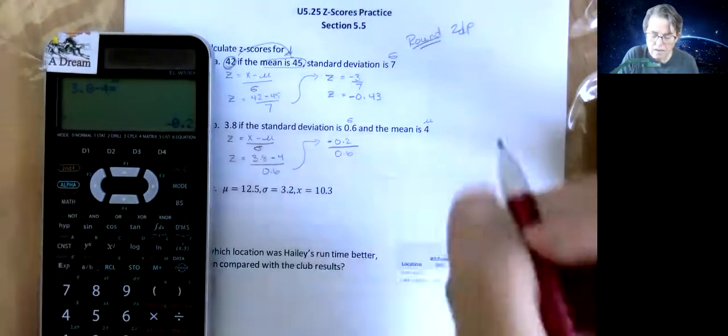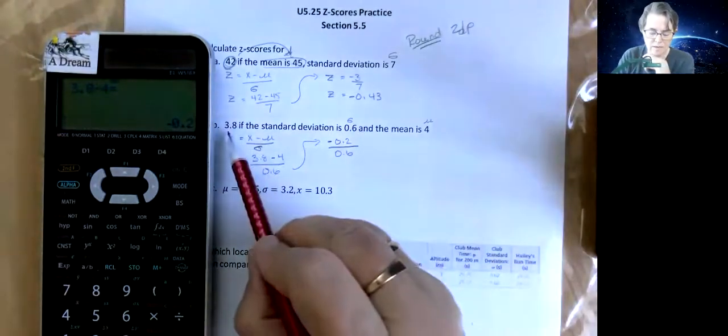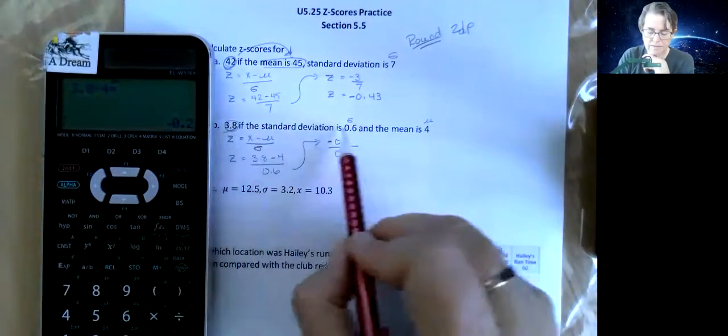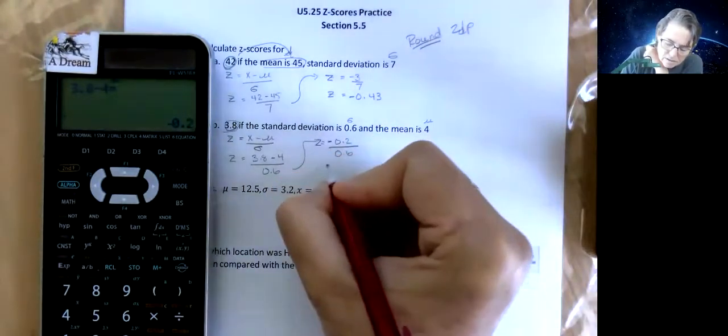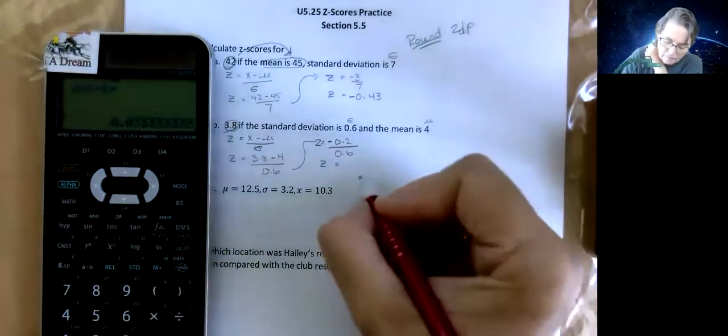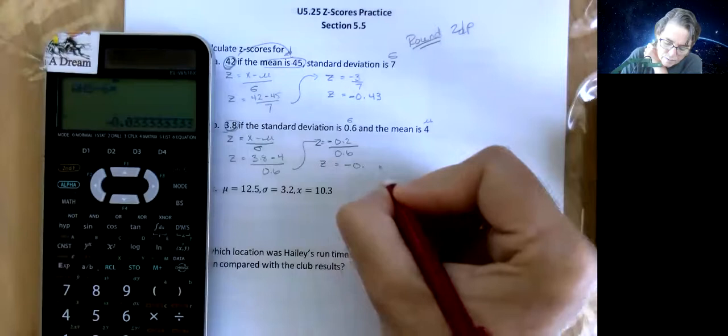Okay, and before we go any further, my value I'm worried about is less than my mean, so the negative is okay. Whoops, and I lost my Z equals. Divide by 6. Negative 0.33.